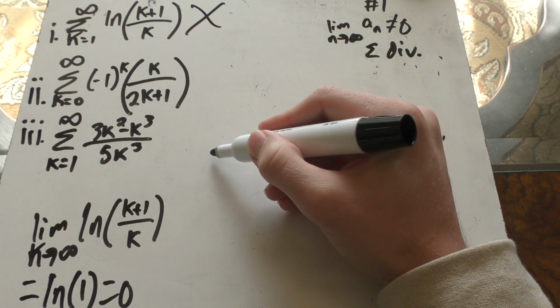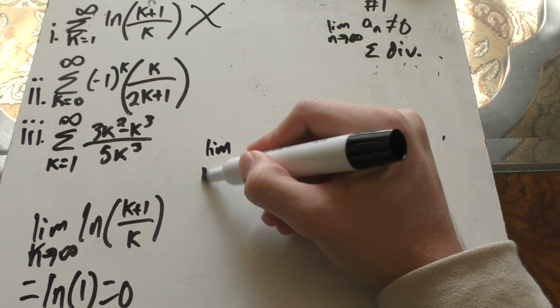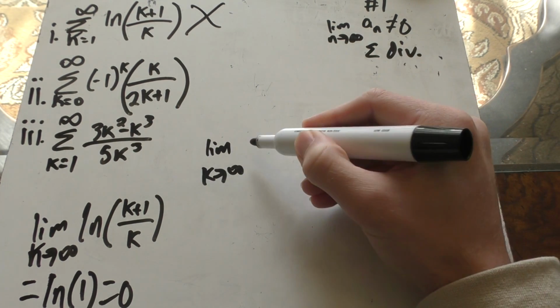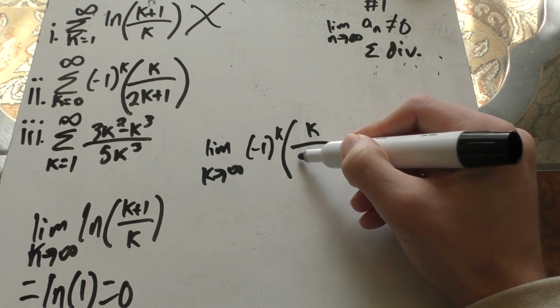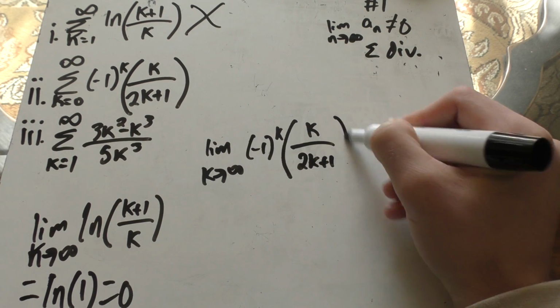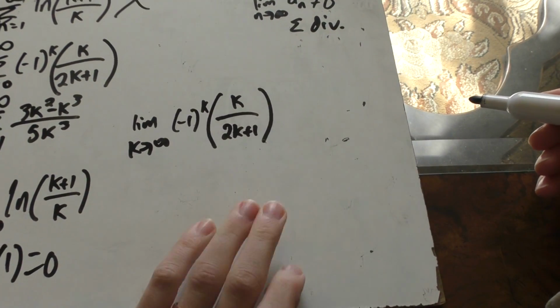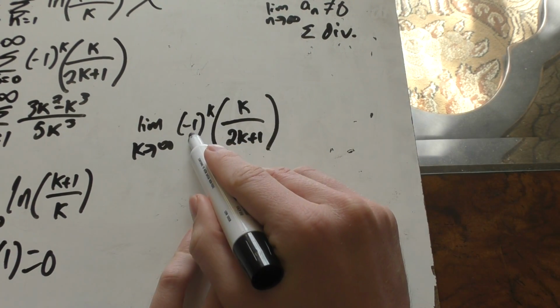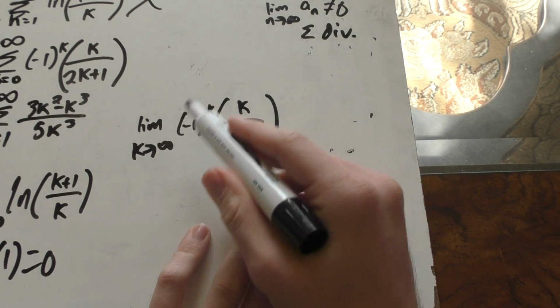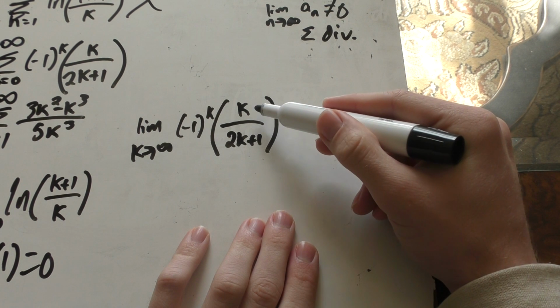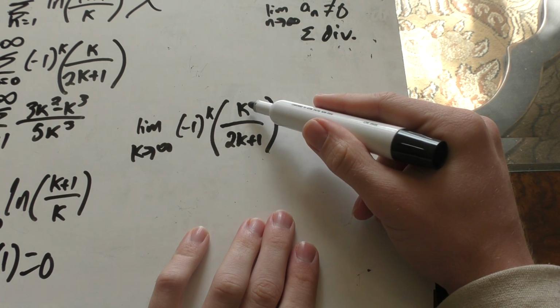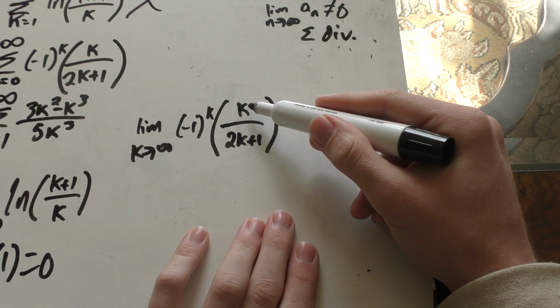For number 2, this would be the limit as k approaches infinity of negative 1 to the k over 2k plus 1. Interesting. As k goes to infinity, this negative is going to flip back and forth. It's going to alternate our sign, right? So we'll ignore that for now, but this part we can think through. k over 2k, those are going to grow at the same strength.